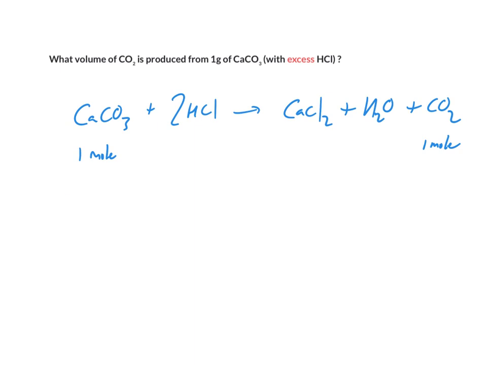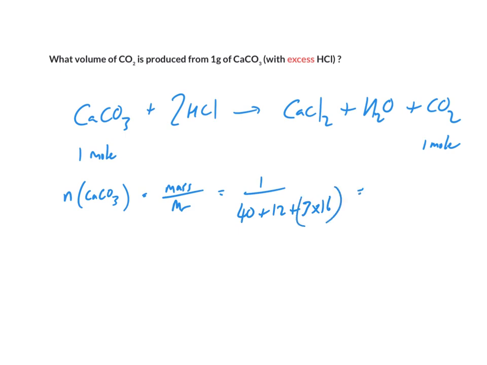So the number of moles of calcium carbonate is the mass over the Mr, and that is 40 plus 12 plus 3 times 16, which equals 1 over 100.